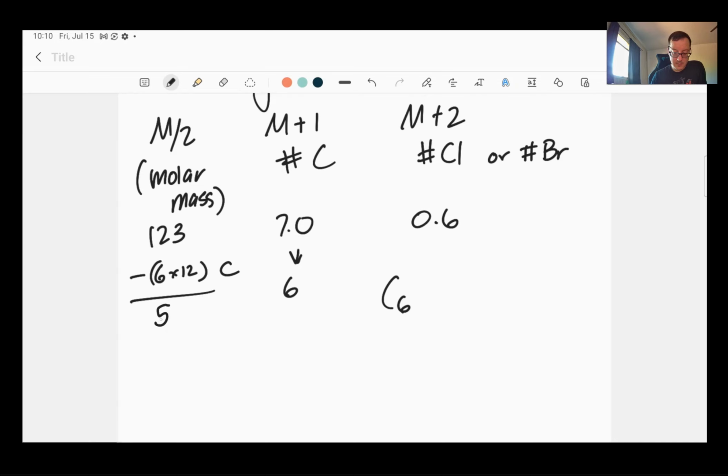Yeah, 51. So, without any other data, the one thing we do know is that we have an odd number. And the hint that I've given us here is that odd numbers are going to tell us that we have nitrogens in our molecule. So we should just go ahead and subtract the molar mass of nitrogen, because we know there's going to be a nitrogen in this because it's an odd number.